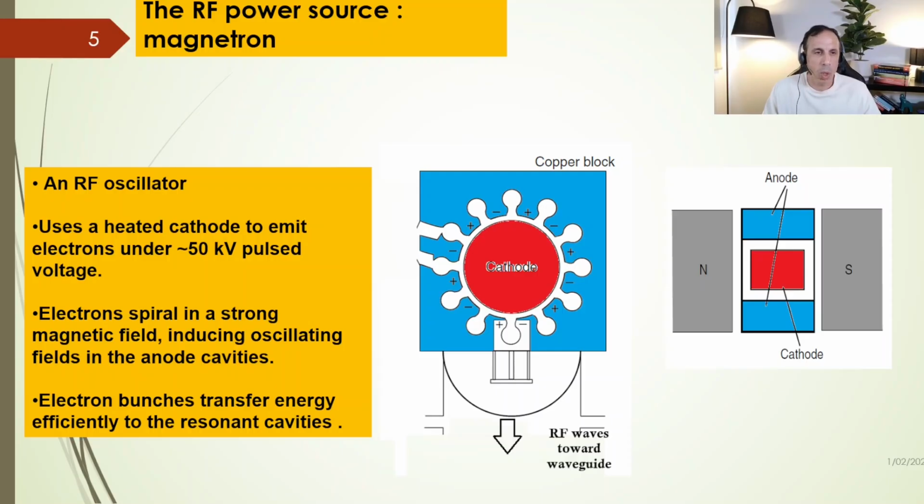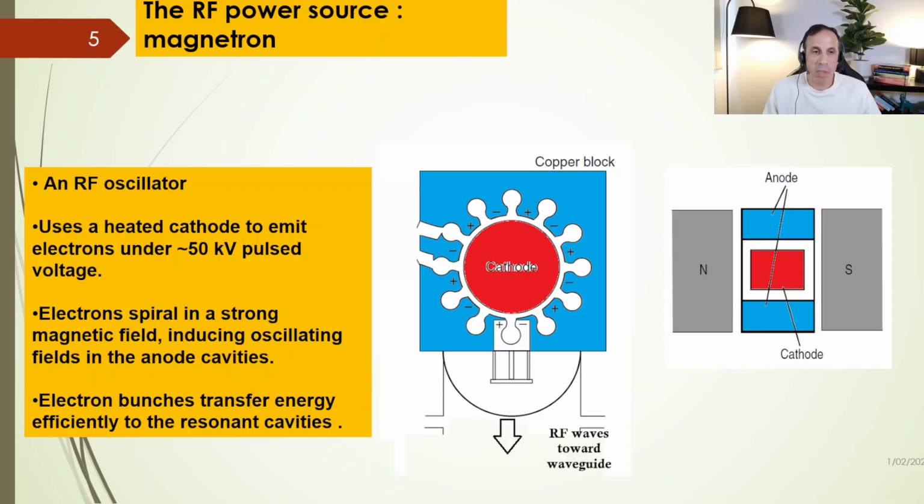The electrons are then drawn toward the radially symmetric anodes. It means the cavities and the copper block there. And as you can see in the figure on the right, we have a magnetic field which is applied along the cathode axis.